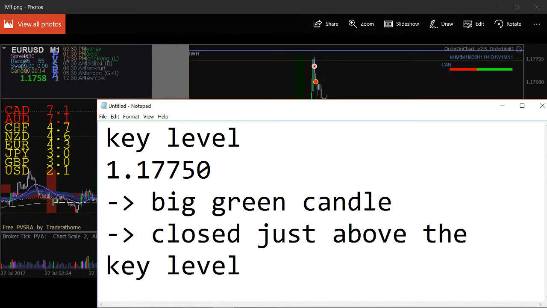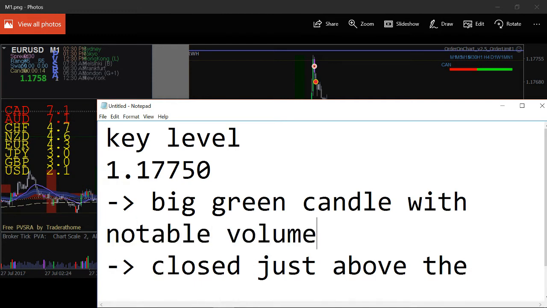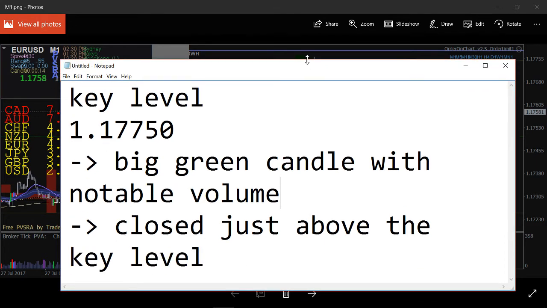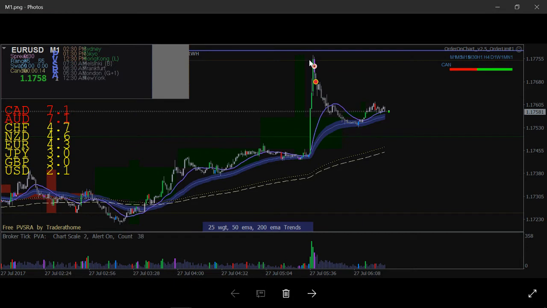Because according to the PDF, according to the textbook that you can find on Forex Factory and also on the PVSRA International website, when you have a big candle with notable volume, and this candle is closing just above the key level, that means that the market makers, the big financial institutions, are going to push prices down. So price is going to go down.